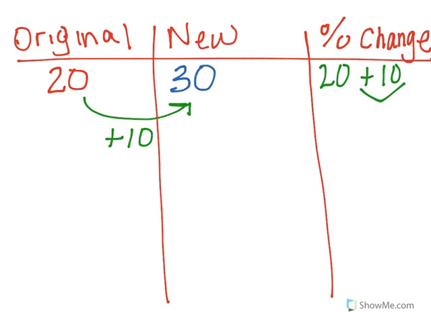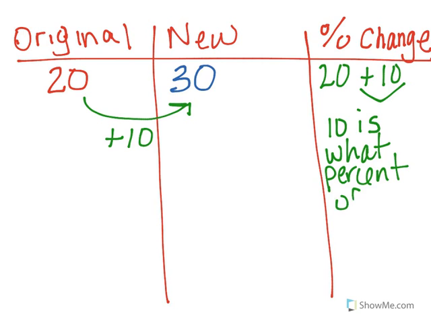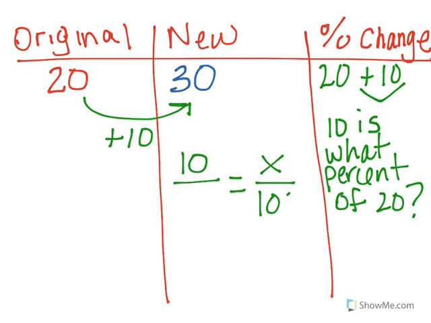So this is what I want to figure out. 10 is what percent of 20. That's how I'm going to figure out my percent. So if I do that math here, I know 10 is my is, what percent, and my of is 20.